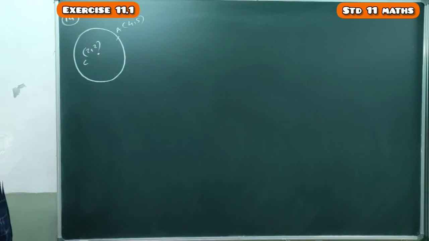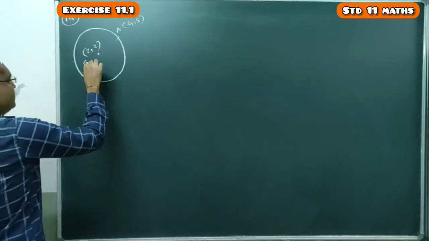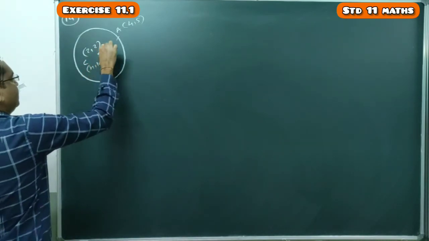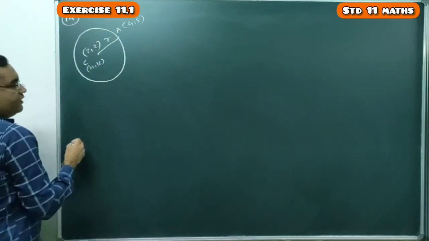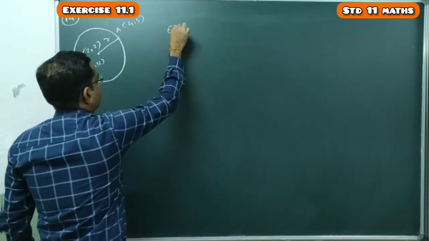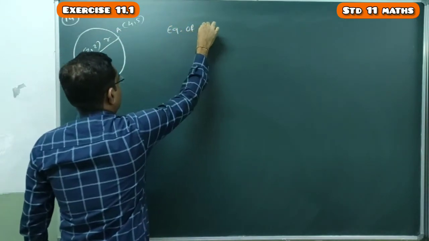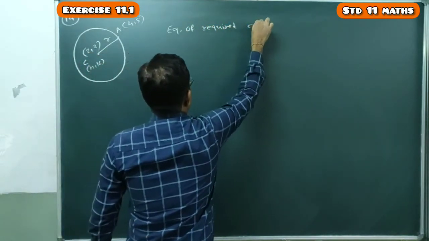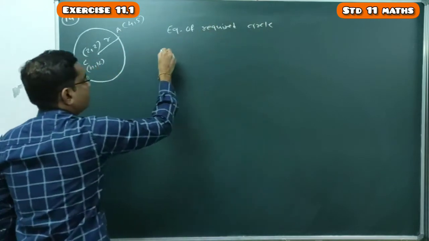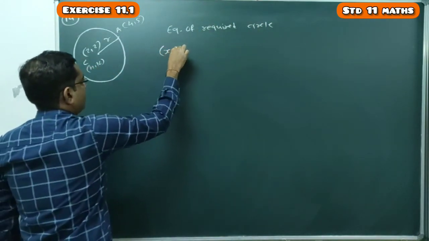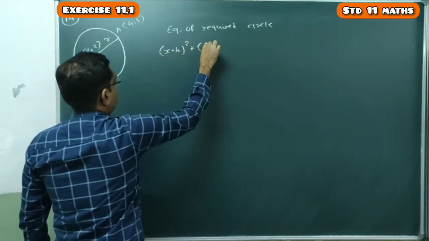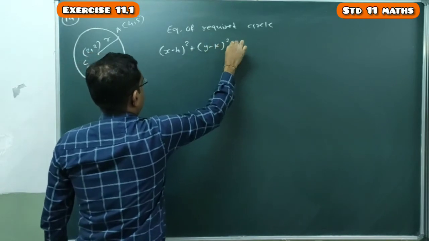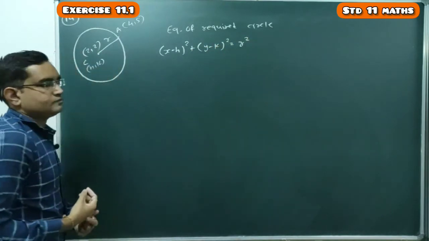Let's assume the coordinates of the center are h, k and the radius is r. So here we can write the equation of the required circle: x minus h whole square plus y minus k whole square equal to r square.